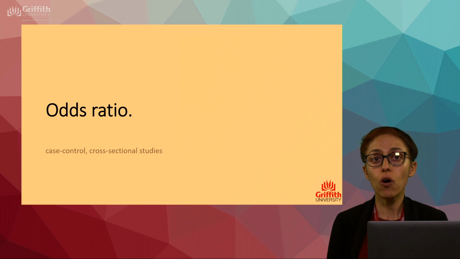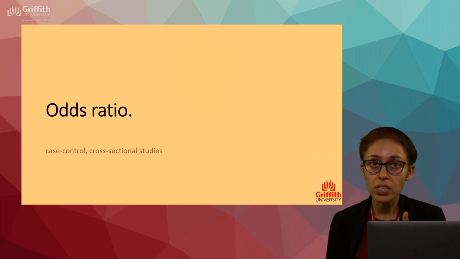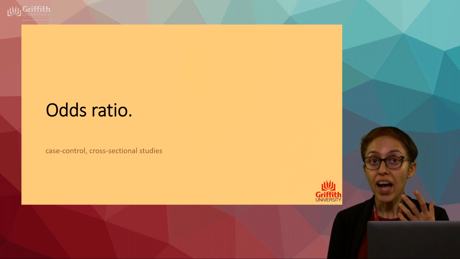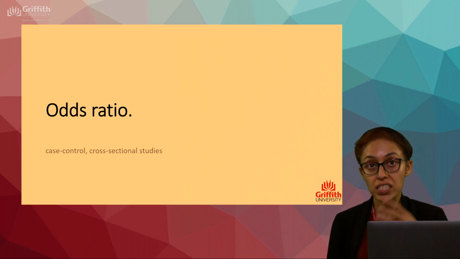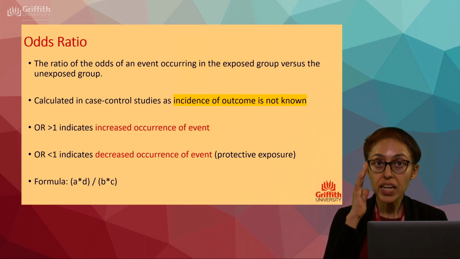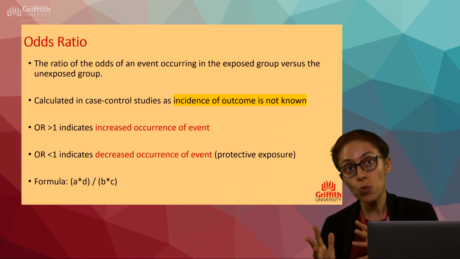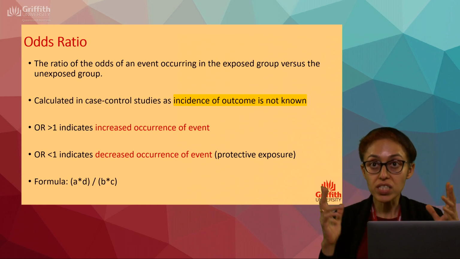Guys, re-emphasizing, odds ratios and risk ratios are two measures of association that are very, very widely reported in nutrition research, and that is why I selected them as part of your lecture topic. So odds ratio is the ratio of the odds of an event occurring in the exposed group versus the unexposed group. The concept remains the same.